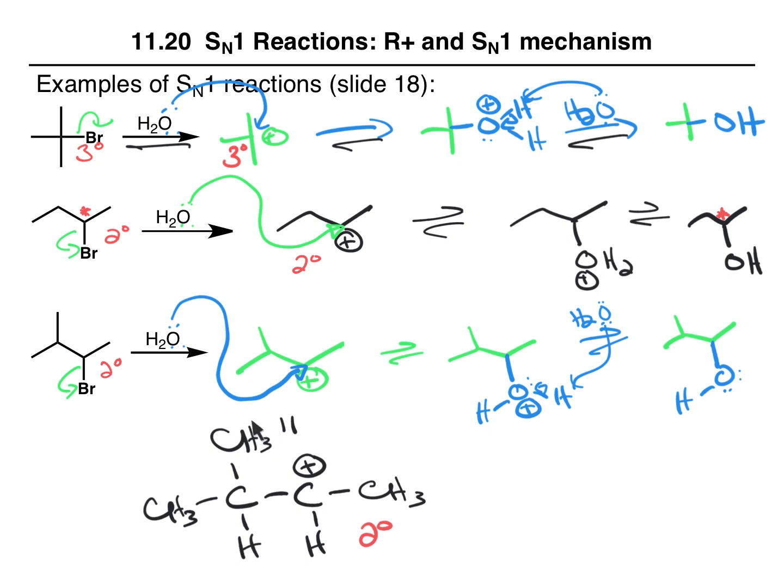But if this methyl group were to take its pair of electrons and share it over here, well, we would just have a new but still secondary carbocation. So that's not going to help. But if this hydrogen took its pair of electrons and instead of sharing them with this carbon, if it decided to share it with this carbon, then what will result?